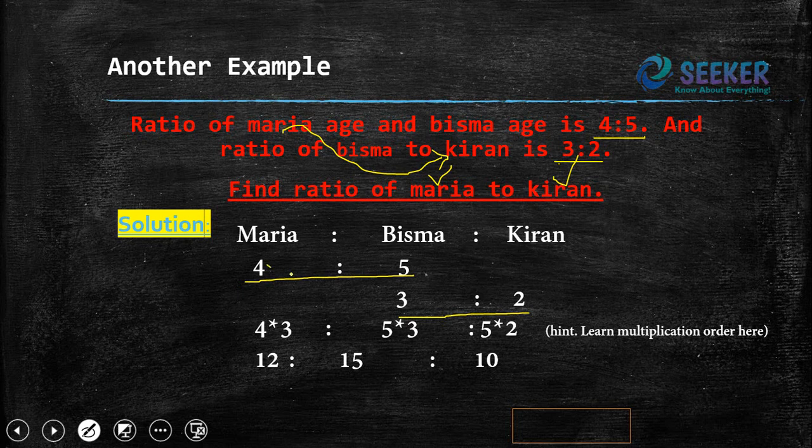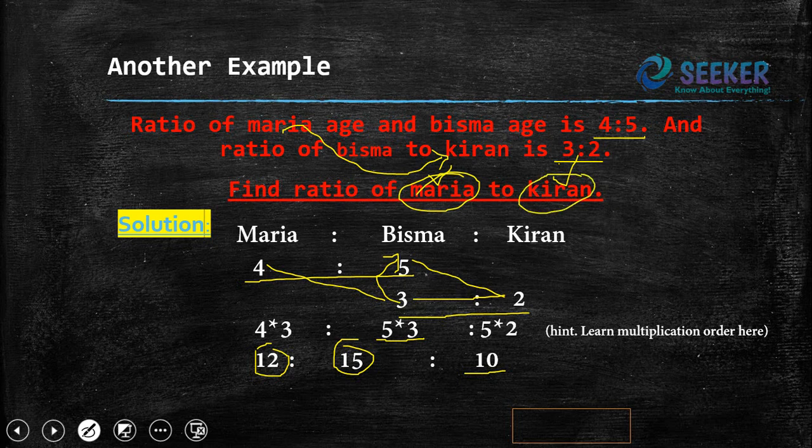By multiplying these ratios we get the term 12, while 3 multiplied with 5 we get the answer 15, and here 5 twos are 10. The question is to find the ratio between Maria and Kiran.